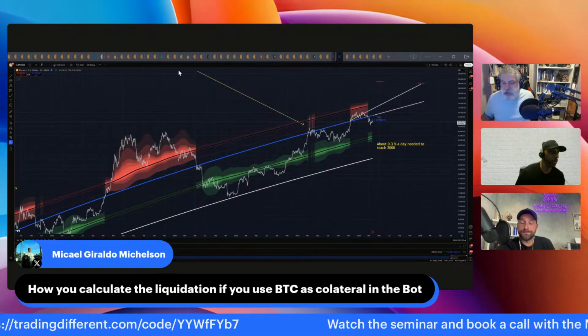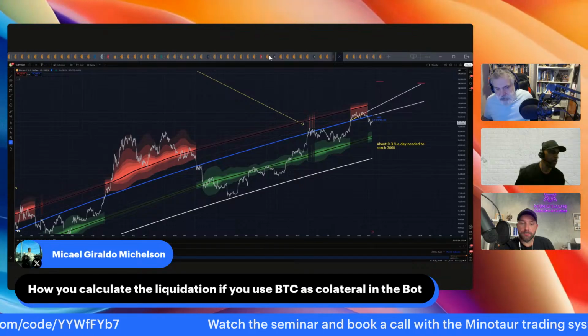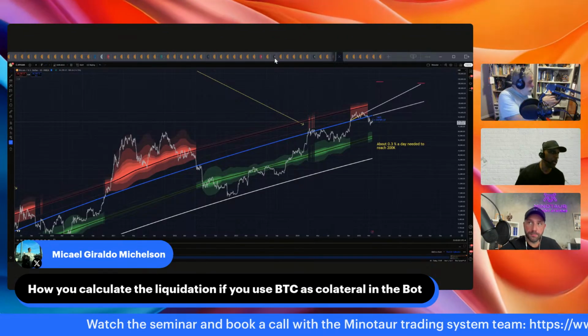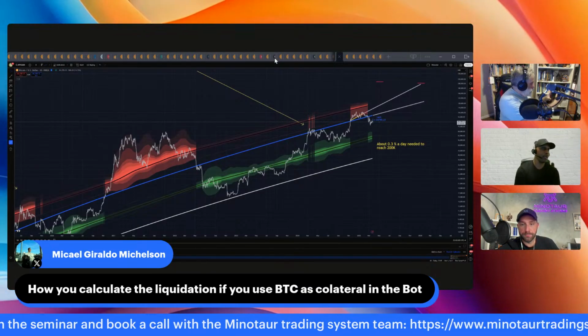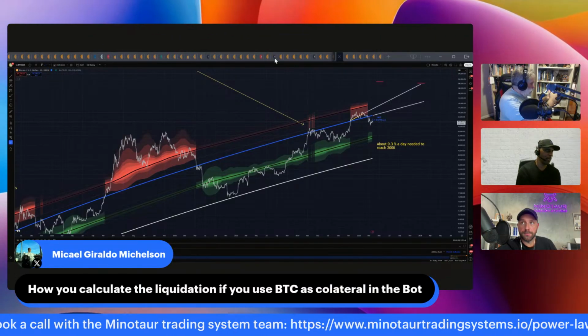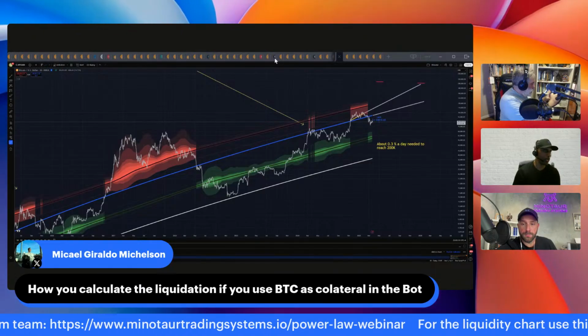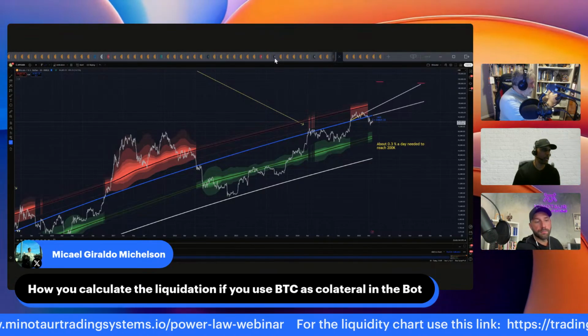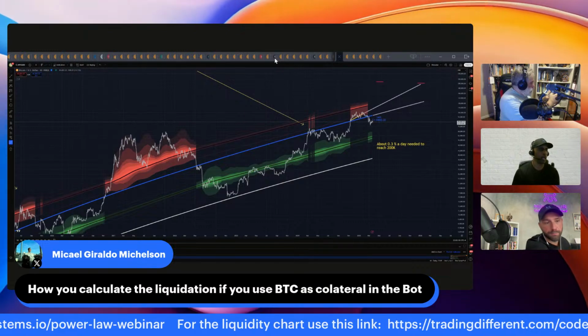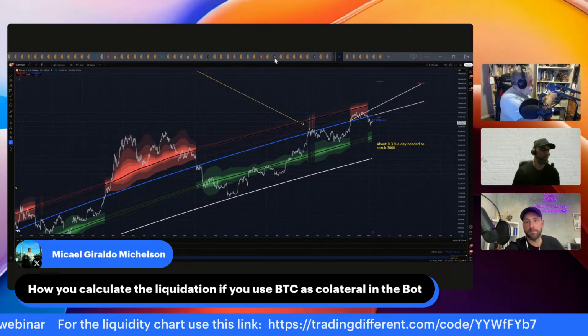Michael asks, how can you calculate the liquidation if you use Bitcoin as collateral in the bot? Well, even before we use it in the algorithm, we use a discount rate on Bitcoin because it's a fluctuating value asset. So we typically do not use Bitcoin at its stated market price.